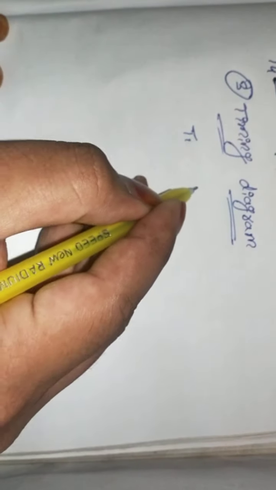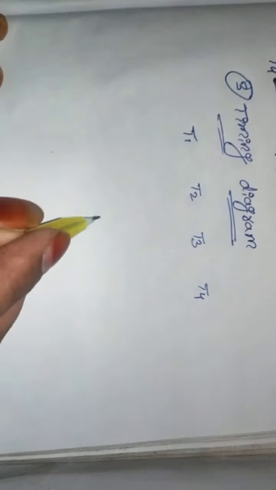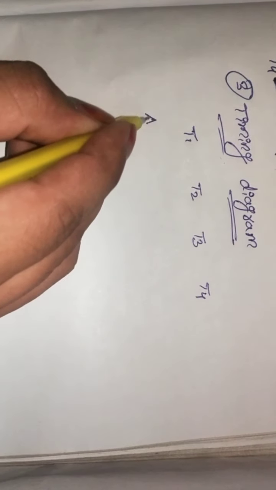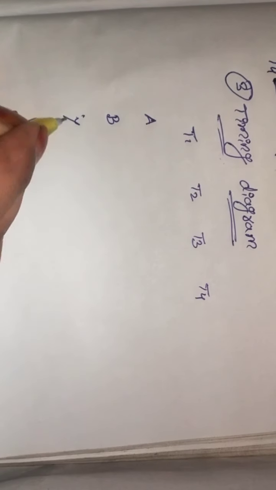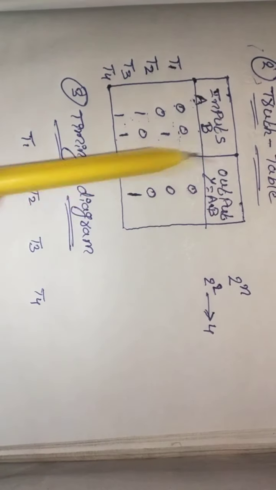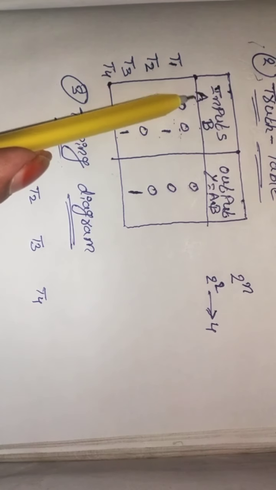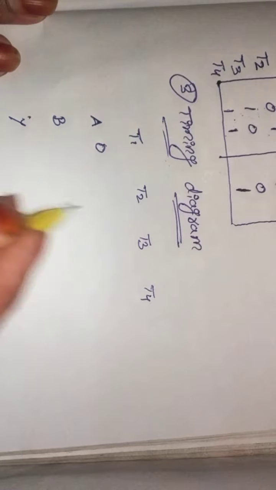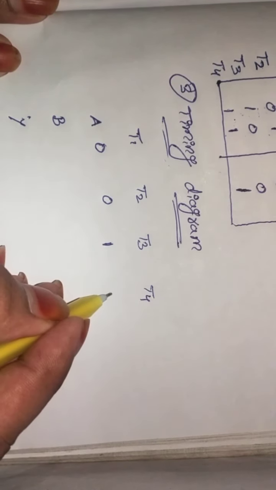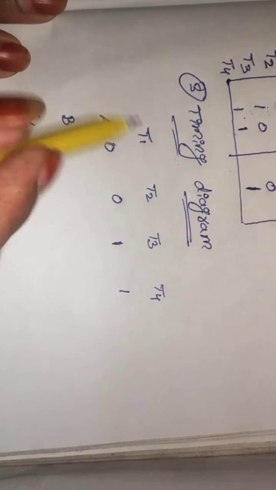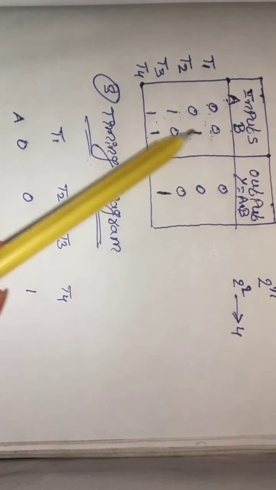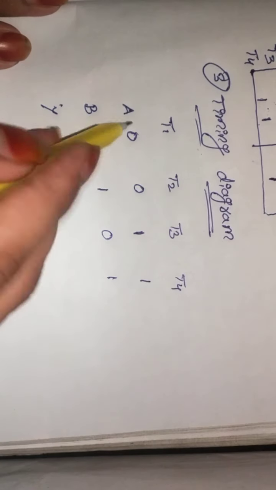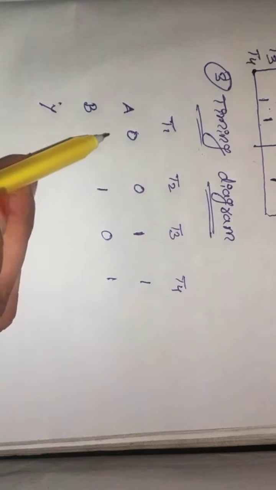Here T1, T2, T3, T4 are the 4 different times for the 4 different combinations of inputs A, B, and finally output Y. From the above truth table, A takes 0 0 1 1, so T1 equal to 0, T2 equal to 0, T3 equal to 1, T4 equal to 1, and B is 0 1 0 1.